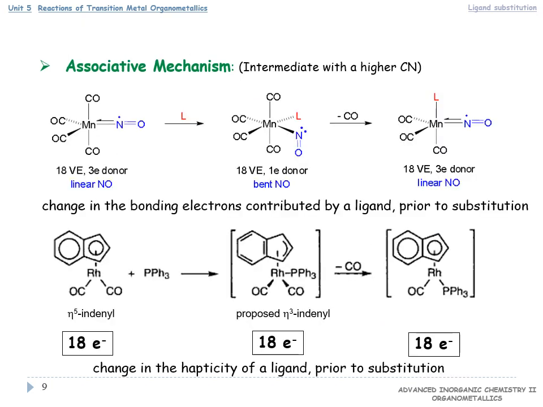As I told you at the beginning of the video, some 18 electron complexes can undergo an associative route if any of the ligands can change their coordination mode. For example, the linear cationic nitrosyl ligand acts as a 3-electron donor, while it acts as a 1-electron donor when it is bent.